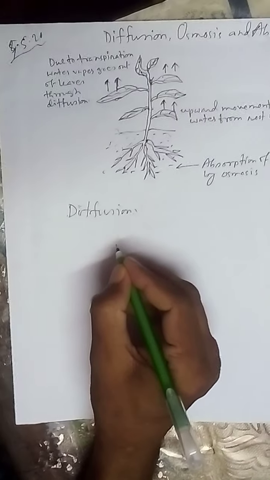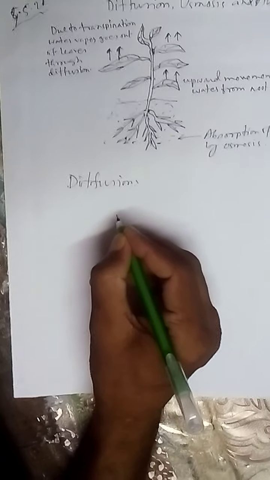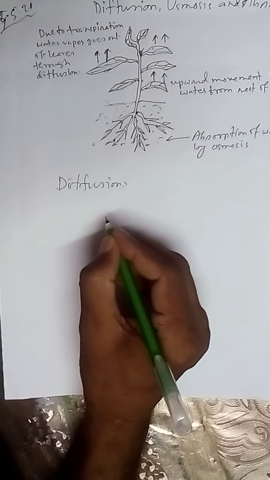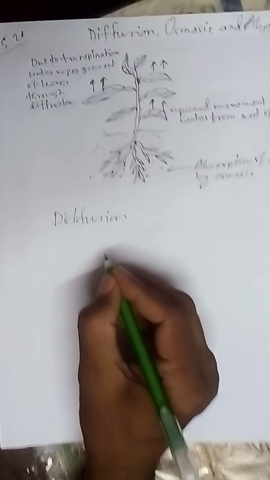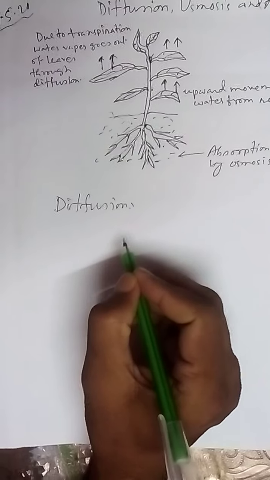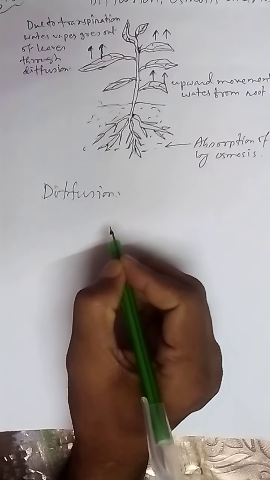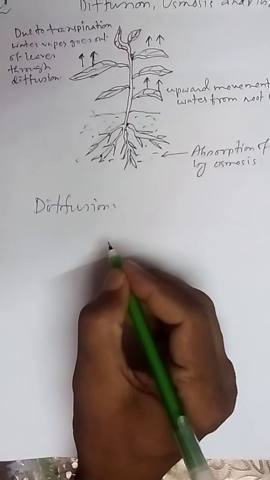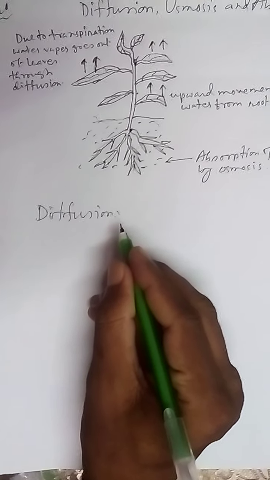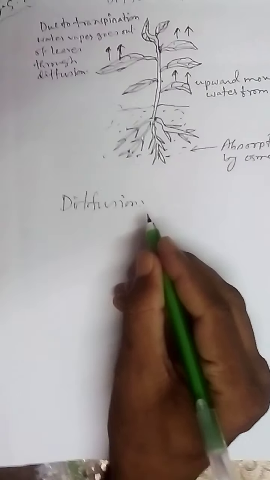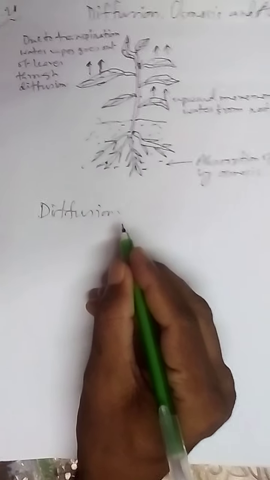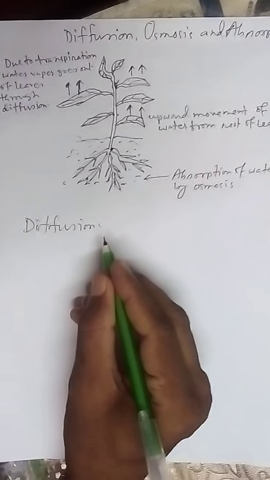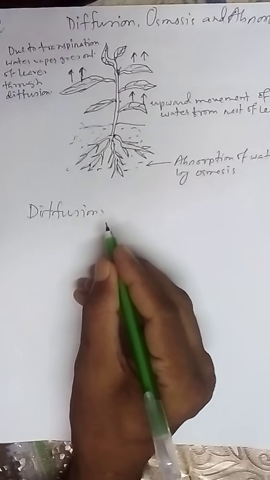In liquids and gases, the motion of these molecules is very fast and they tend to diffuse towards regions of lower concentration from higher ones. This movement continues until the concentration of the two regions becomes equal. Diffusion stops at once when the concentration of molecules becomes equal in the two regions. This type of movement of molecules is called diffusion.